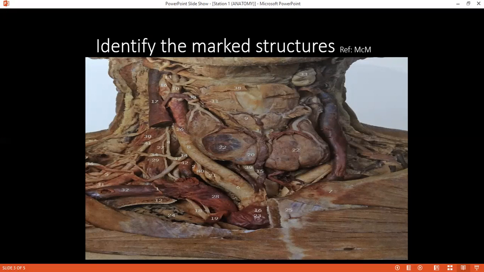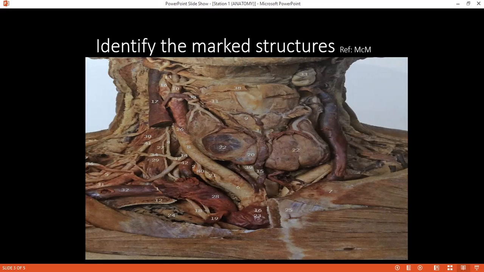Tell me about the contents of the anterior triangle. In the submandibular triangle, there is the submandibular gland, the submandibular lymph nodes, and nerves, the lingual and hypoglossal nerves, which are the main structures.